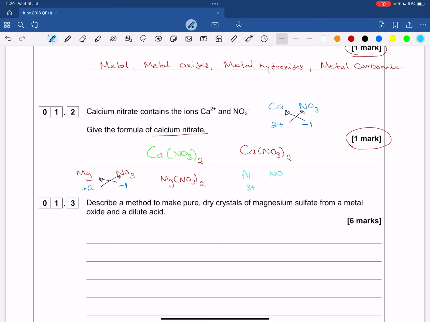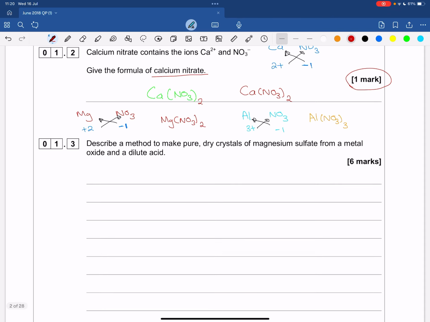Nitrate is a compound ion and is 1-. You can swap them. So that should be Al, and if it is 1, we don't write it, Al(NO3)3.